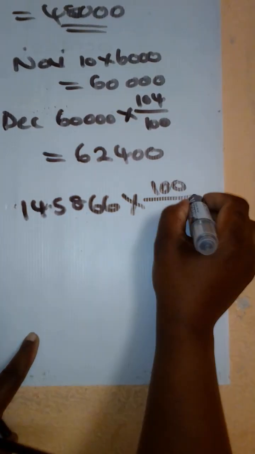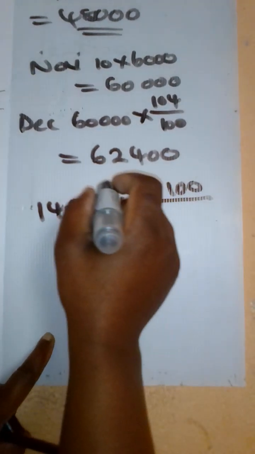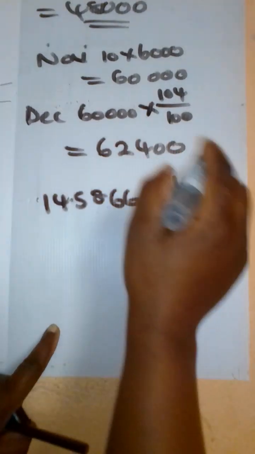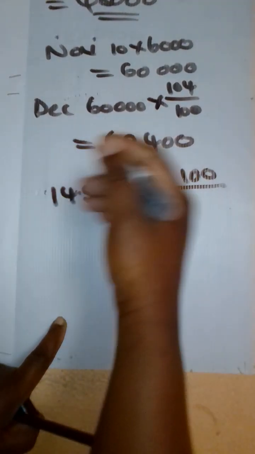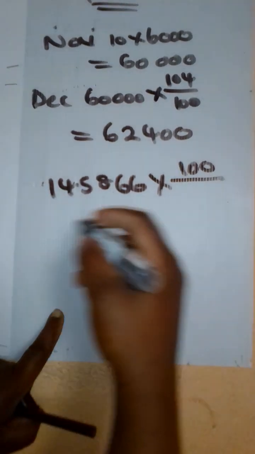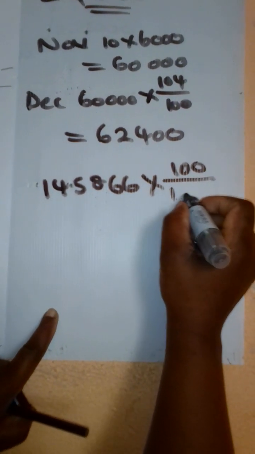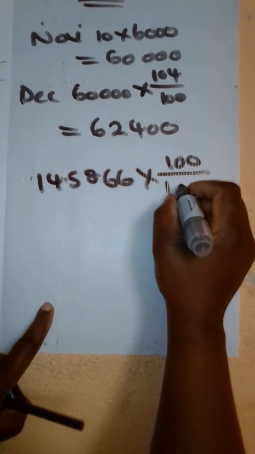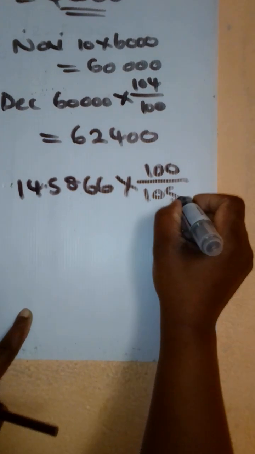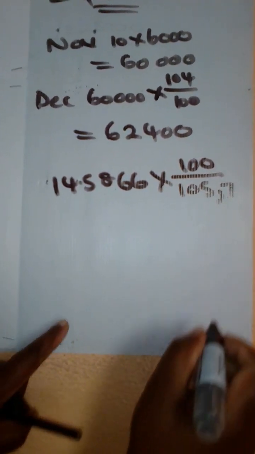We want the 100% amount, or we want the 100% value, without the increment of the inflation 5.7. So it means here we're going to say over 105.7. Okay, so because this amount is 105.7, we want the 100.